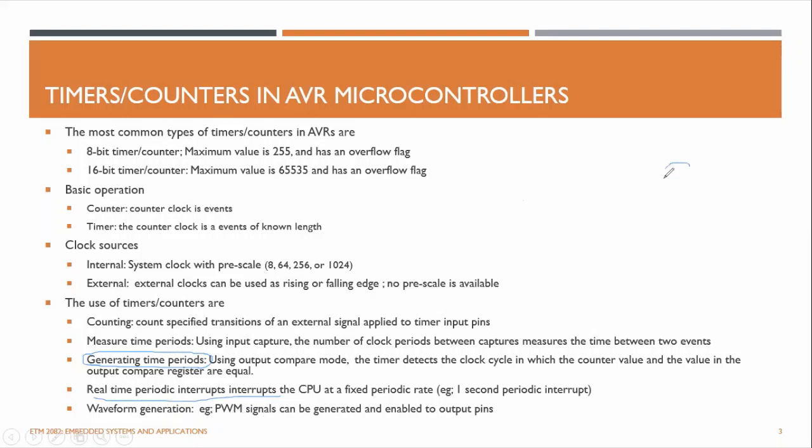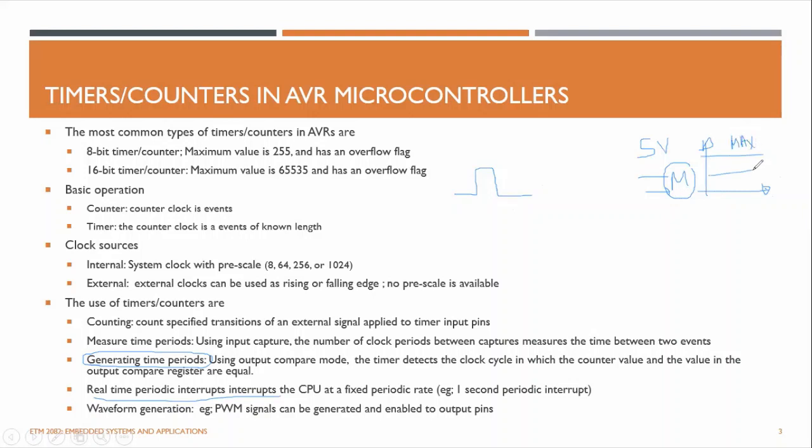In motor control, to change the speed, say this motor works with 5 volts. If you put 5 volts, the motor will run at maximum speed, right?